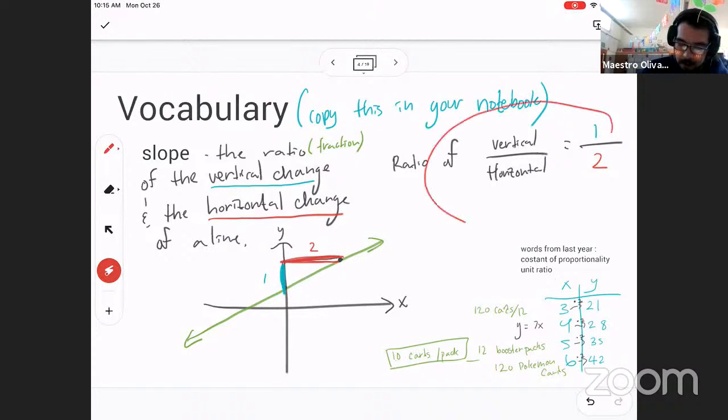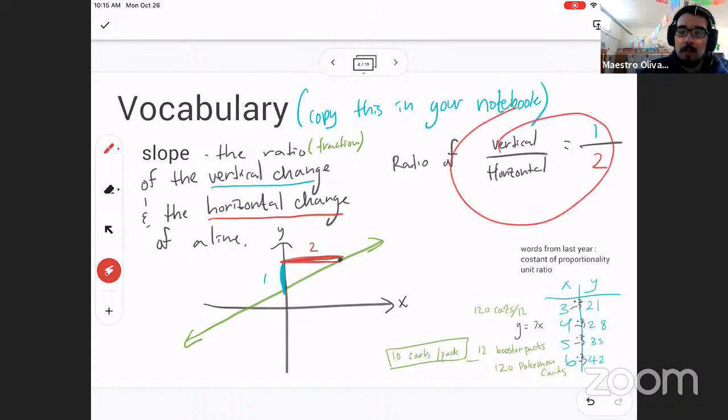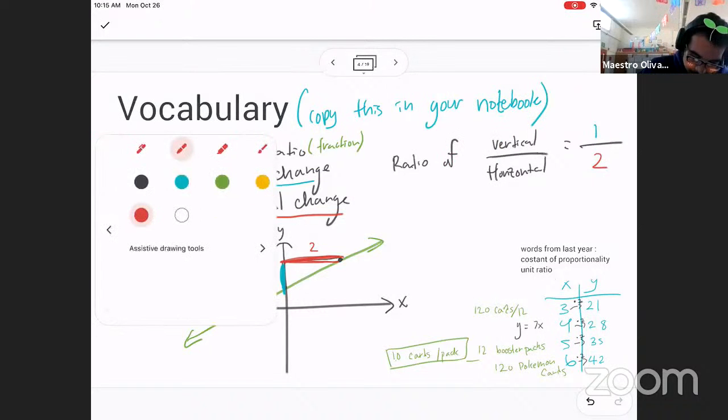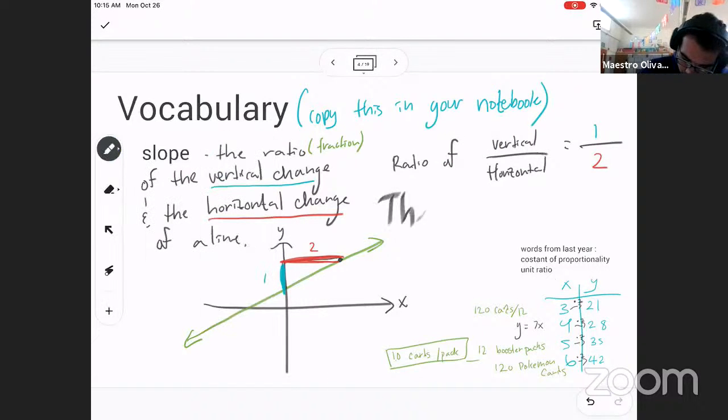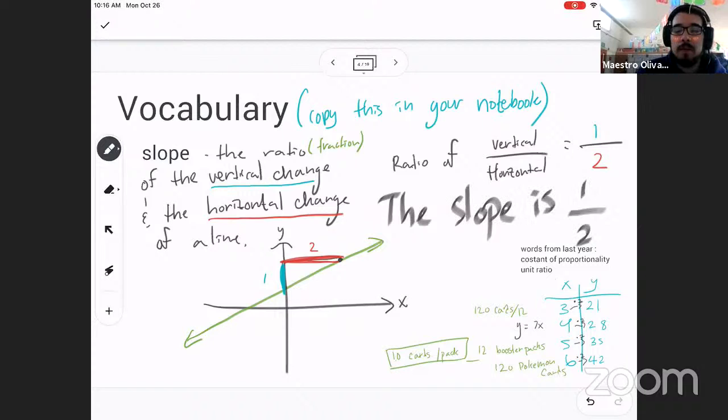And we're going to be writing the ratio as a fraction. Therefore, the slope is 1/2 for this specific example I drew.